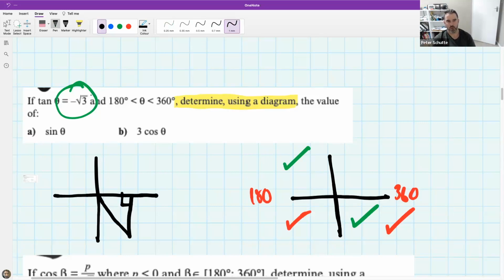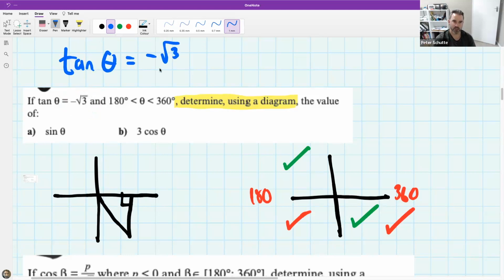Okay, now, if you look at this information, the tan of theta is minus √3. A cool trick that you can do is you can say minus √3 over 1. And it's still the same thing. Why do you think I wrote this as minus √3 over 1 and didn't leave it like this?